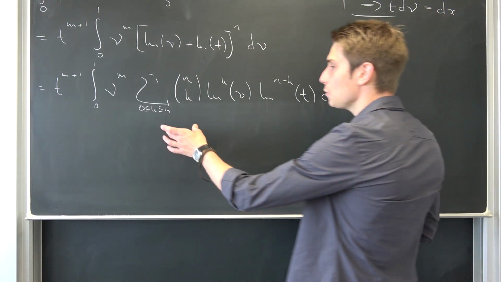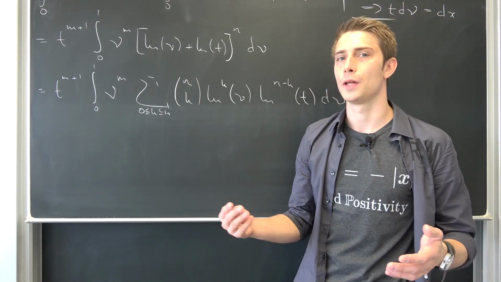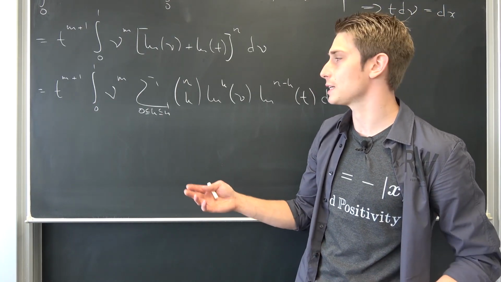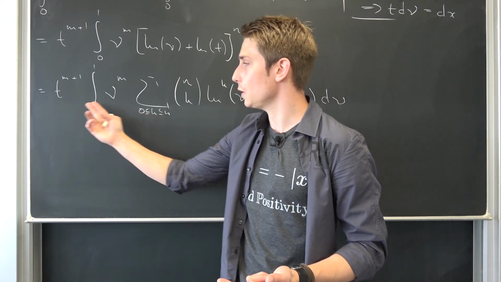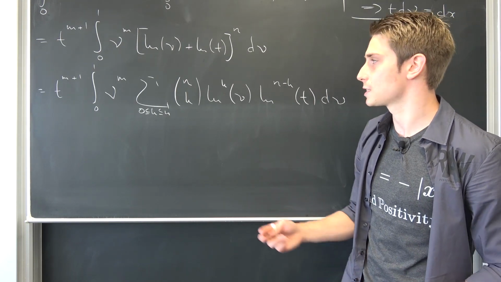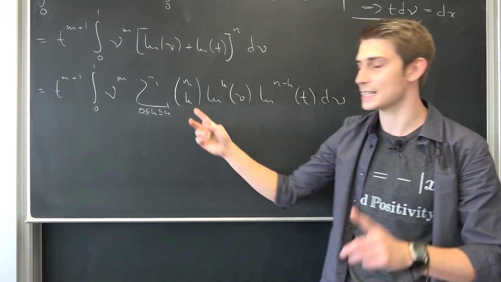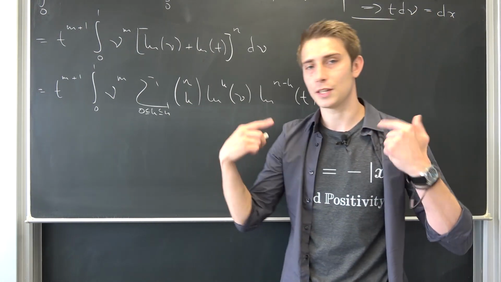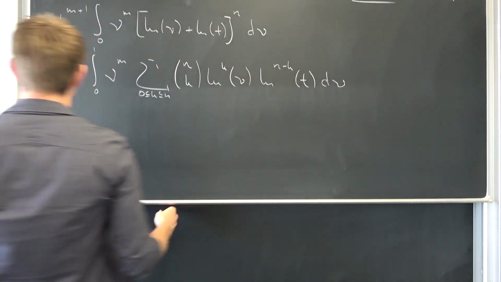Now, the good thing is that's a finite summation, meaning we don't have any problems with convergence or limits right here, meaning we can simply use the linearity of the integral to drag this summation to the outside. Also, we have some independent stuff right here, n choose k, not n over k, that's n choose k. I'm thinking German right here, I'm terribly sorry. And this natural log with respect to t. Meaning, let us bring this to the outside.